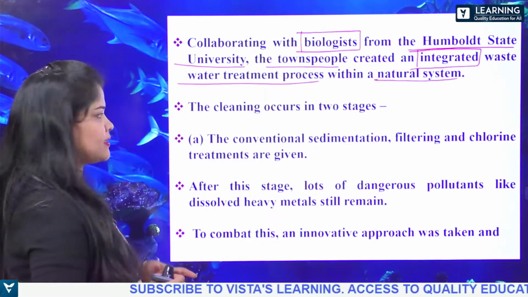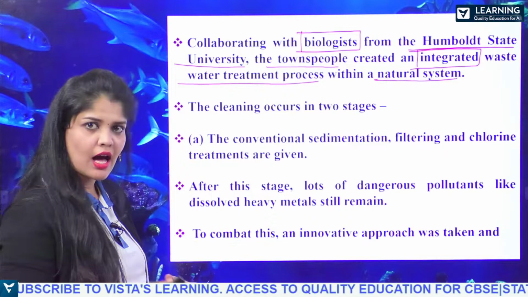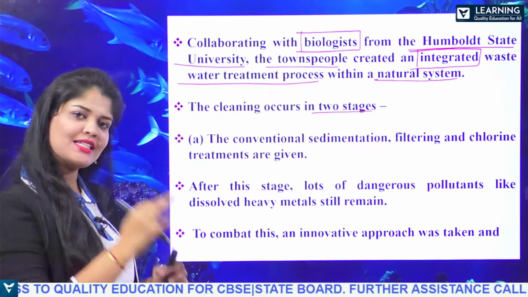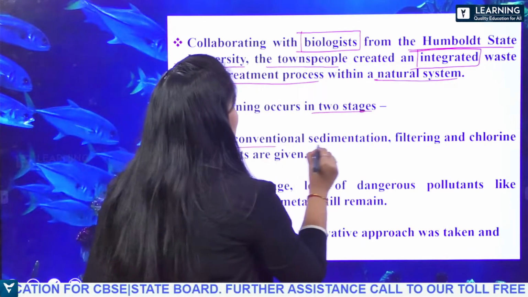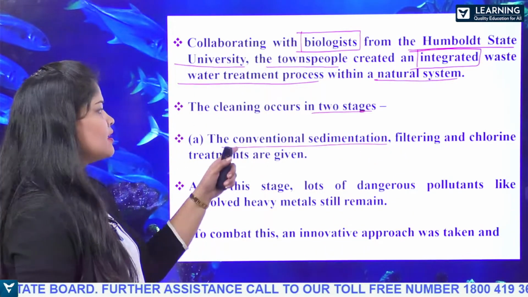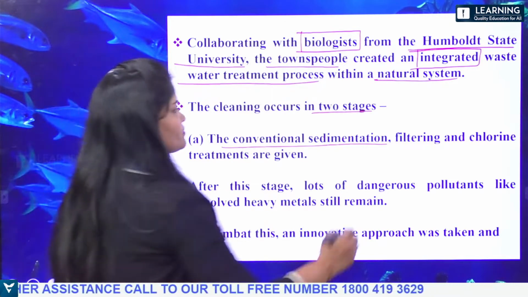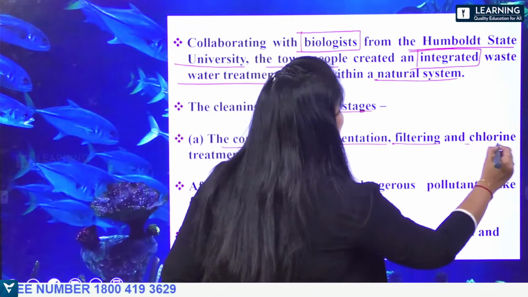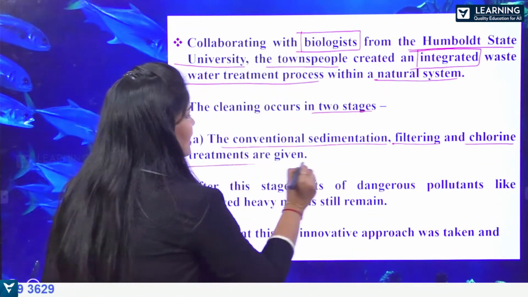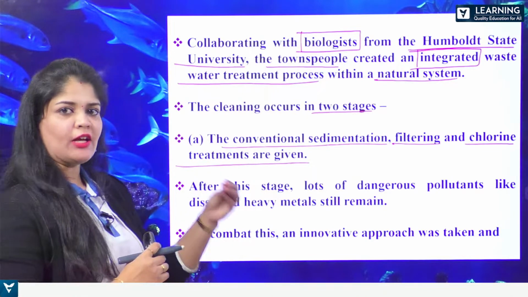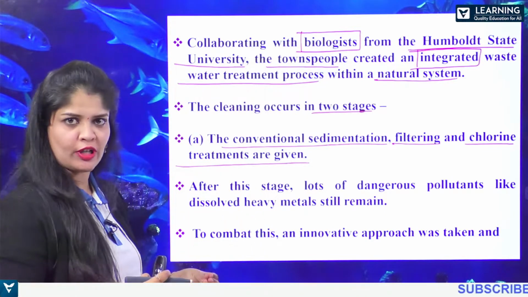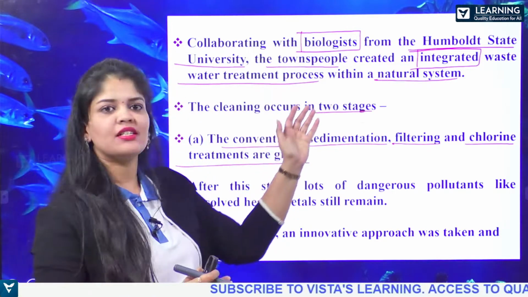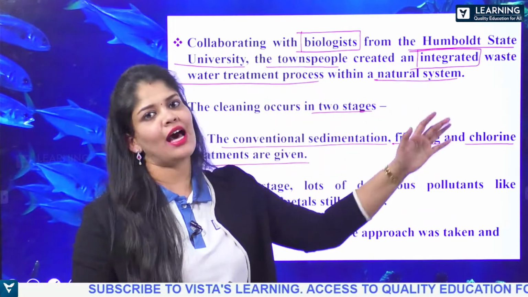The cleaning occurs in two stages, where the primary method is the same as the conventional methods: conventional sedimentation, filtration, and chlorination. Chlorine treatments are given. The sewage is passed through conventional sedimentation, filtration and chlorination.